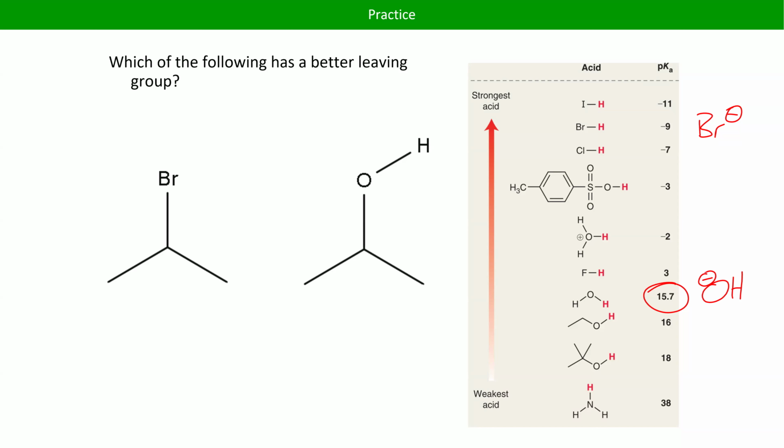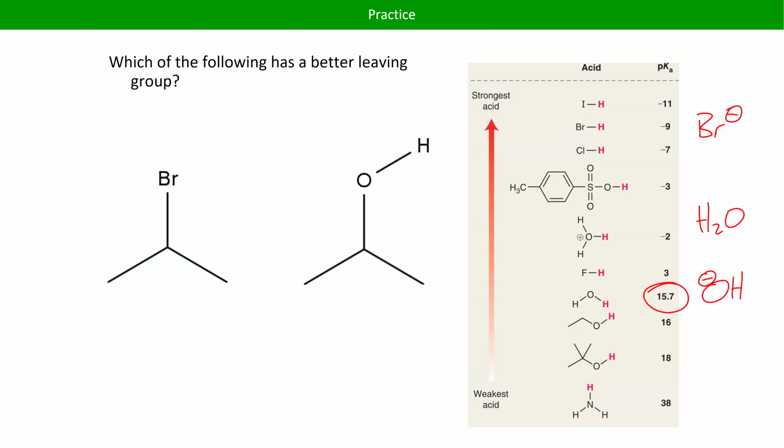We always want to think about what is the conjugate base, because there's a few cases, water in particular, where it's tricky. Water has a pKa of 15.7, which means hydroxide is not a great leaving group. But hydronium, which is just protonated water, has a conjugate base of water.